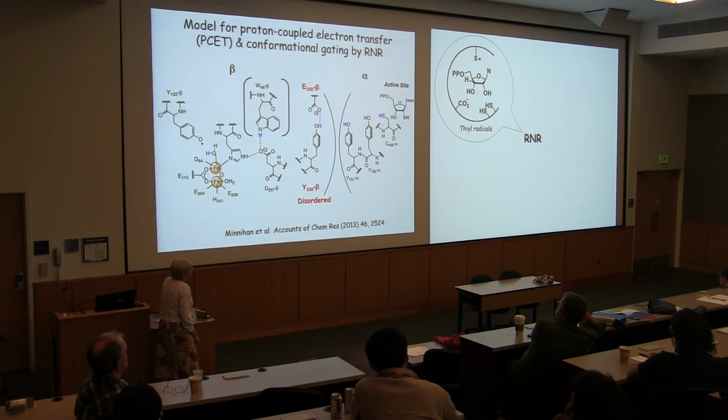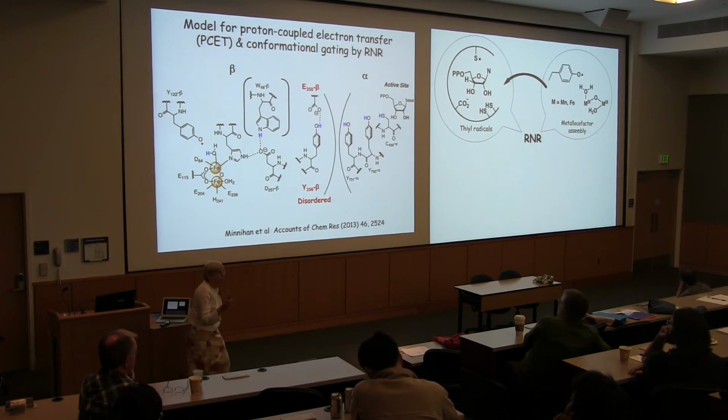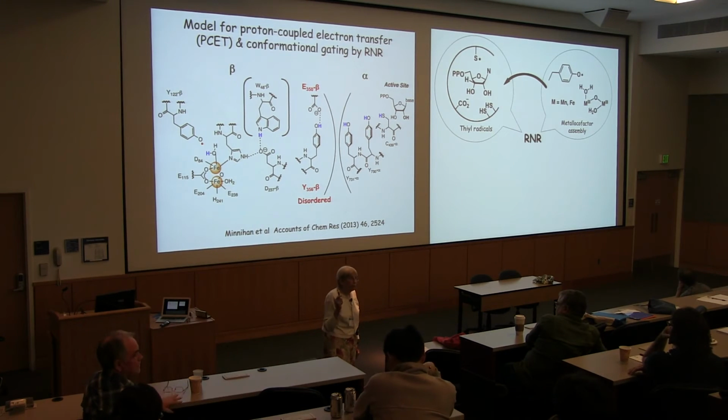Okay, so I've talked a little bit about metallo-cofactors, probably not enough for most of you guys. We got into this because we couldn't make RNR active without the metallo-cofactors, and I think the question of how these cofactors are assembled inside the cell and how metallation versus mismetallation is controlled is a major unsolved problem in biology.